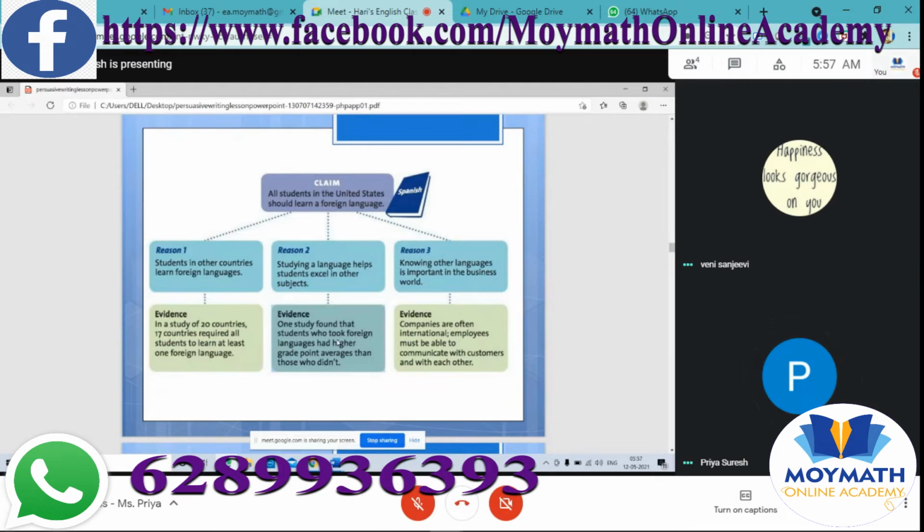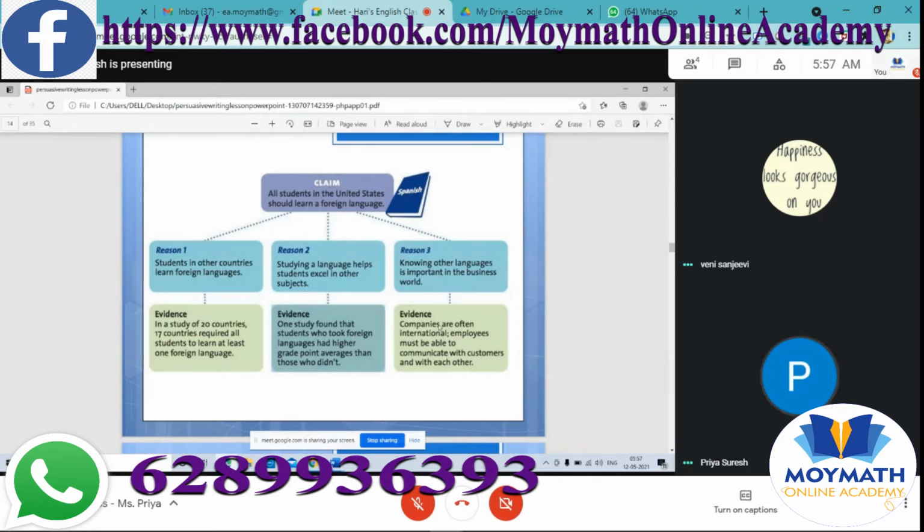And in the conclusion, you have to state the claim. Again, I repeat, the claim should be included in the introduction. In the second paragraph, you want reason one and evidence. Third paragraph, reason two and evidence. Fourth paragraph, reason three and evidence. And then you should have a conclusion restating the claim, in other words, not in the same words.